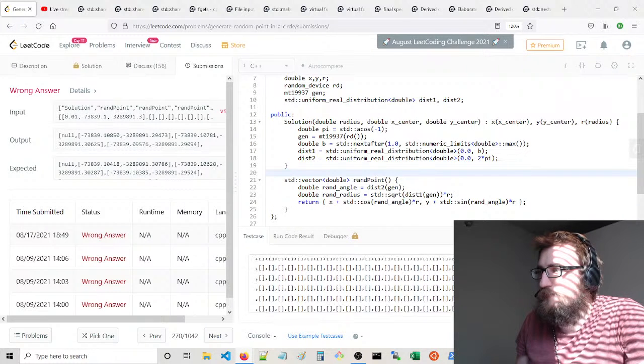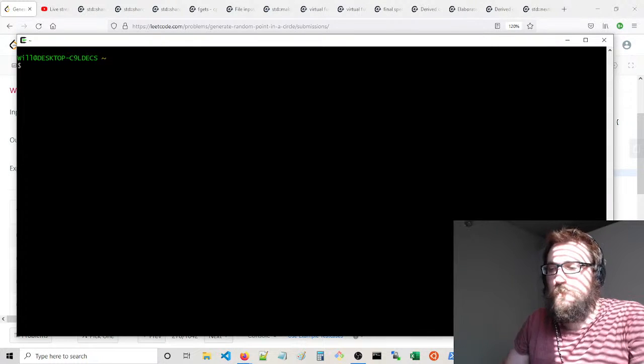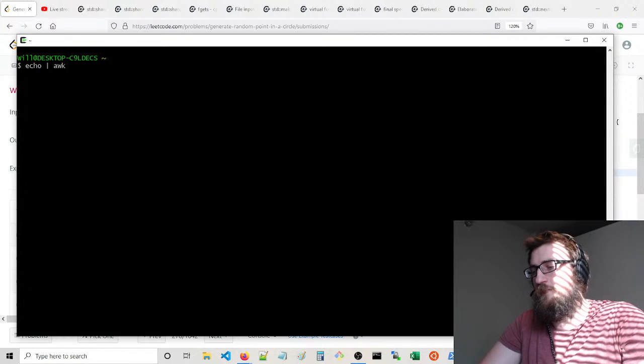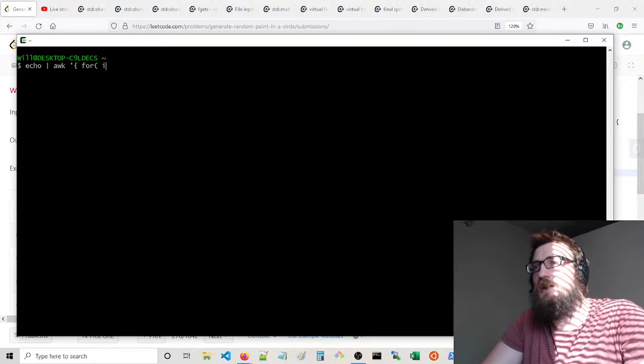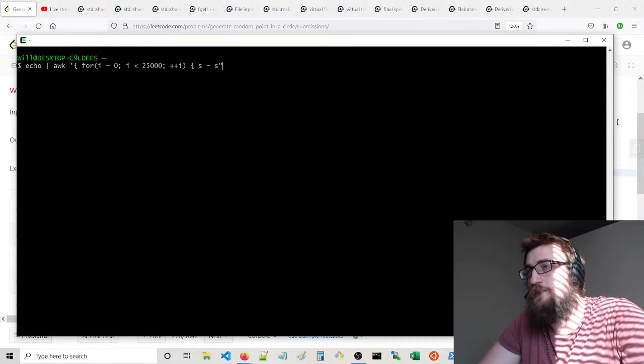Take this. So rand point, solution rand point. We're gonna do rand point 25,000 times. Echo awk for int I, or just I equals 0, I is less than 25,123, plus plus I. We're going to say S equals S rand point, comma.